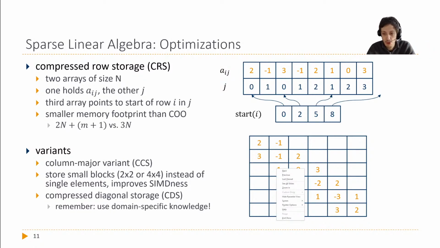The advantage of this approach is that the memory footprint is much smaller, because you only need twice the element count for your arrays A, where you store the actual data, and for J, because for every element you save the column, and then only m+1 entries for I. This is less memory compared to 3 times n, which you would get if you use coordinate storage. And the efficiency of this approach really depends on how your data is structured.